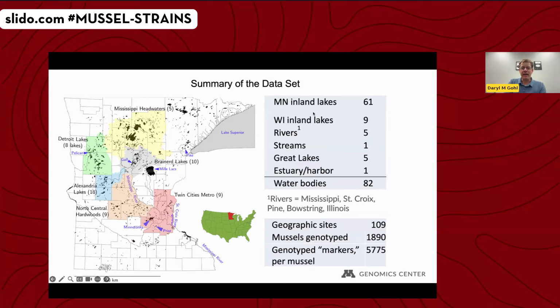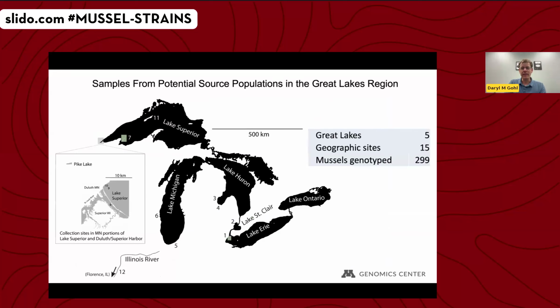Mike and his postdoc Sophie Malaz traveled around and collected a large number of samples from throughout the state. These encompassed 82 water bodies, 61 inland lakes, and almost 2,000 total samples that were then run through this genotyping by sequencing process and genotyped at high resolution.